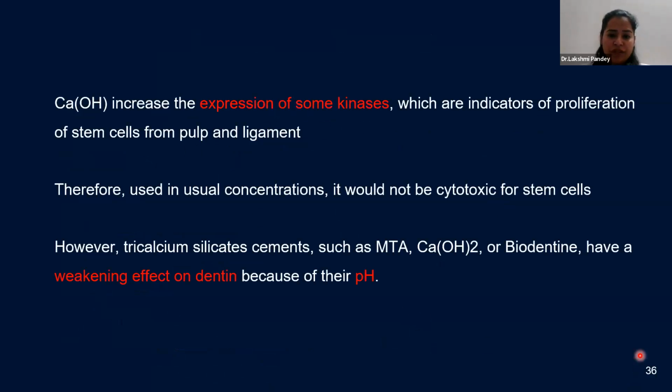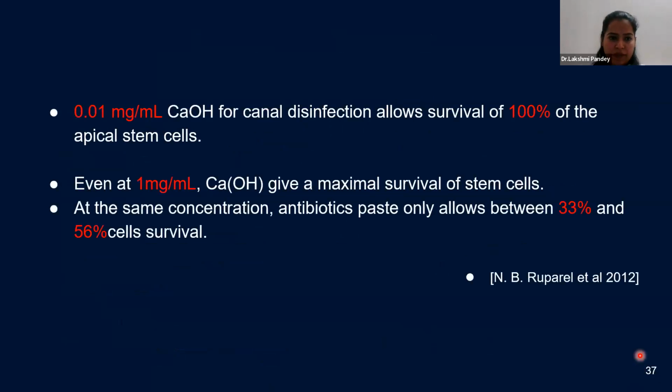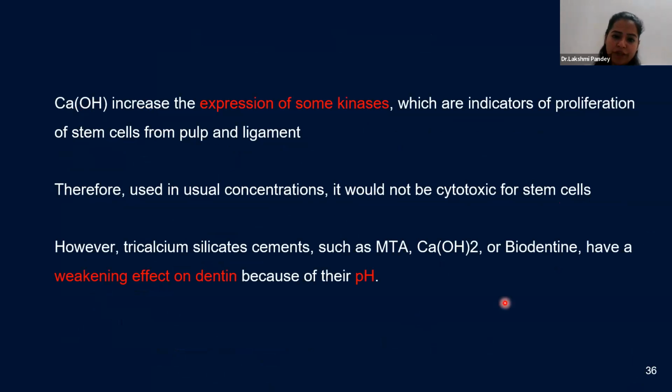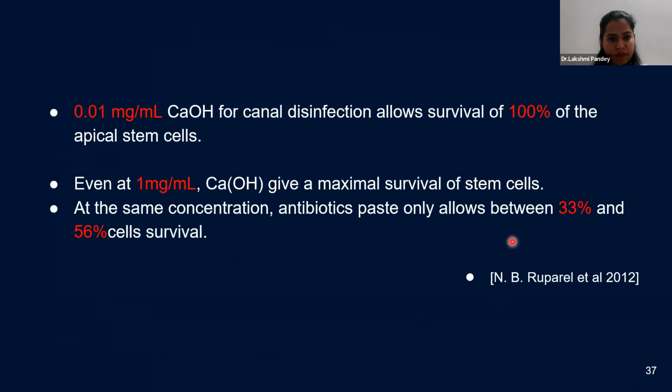Therefore, used in the usual concentration, it would not be cytotoxic to the stem cells. Now, as I've already told you, it is going to be replaced by a lot of tricalcium silicates like MTA and Biodentine. Then again, 0.001 milligram per milliliter of calcium hydroxide for canal disinfection allows survival of 100% of apical stem cells. So the toxicity on the stem cells is mostly not present.